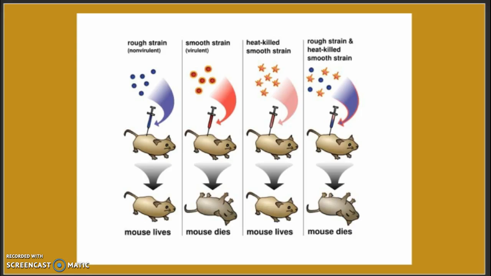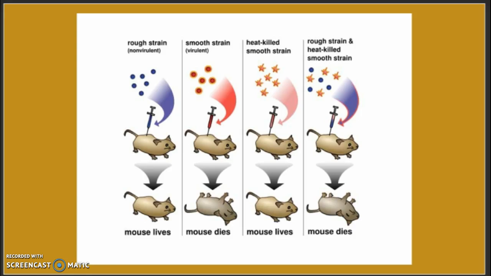So the last experiment that he did, which was his 4th experiment, the experiment that basically changed the game, was very interesting. He took the rough strain, the healthy strain, and he mixed it with the heat fixed smooth strain. And when he injected this mixture into the mouse, the mouse actually died.